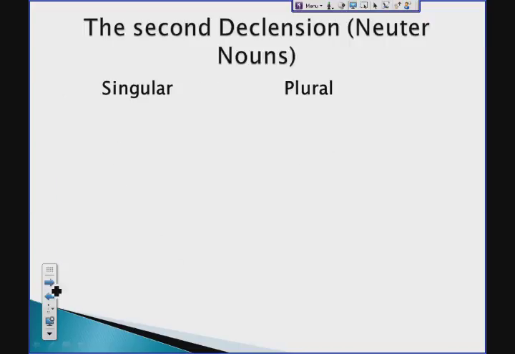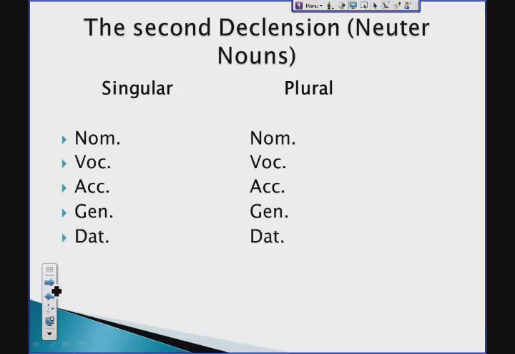Let's see what is next. The second declension, neuter nouns. We have words like teknon, ergon. There are so many other neuter nouns. They have that on ending. Now that it's something different.